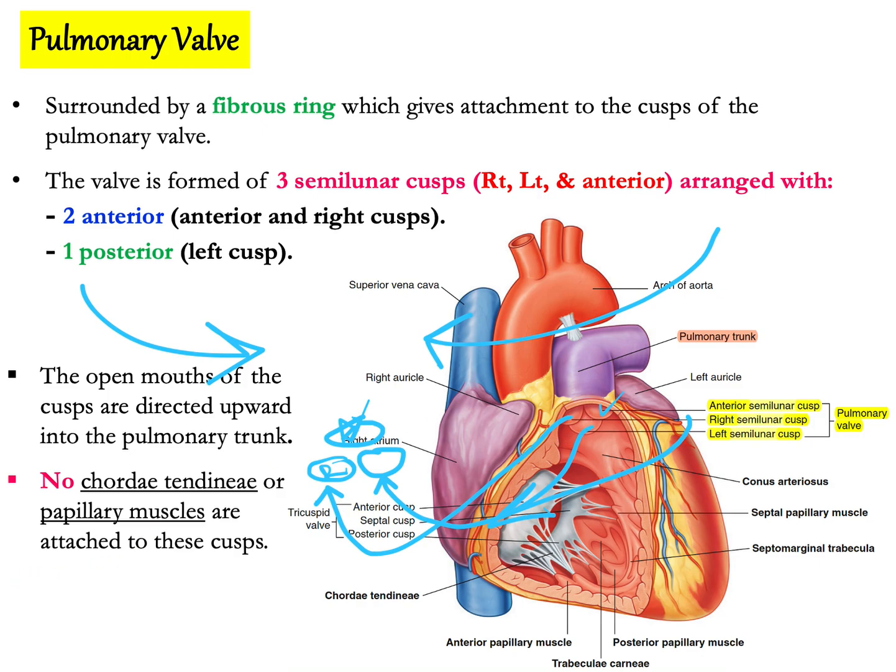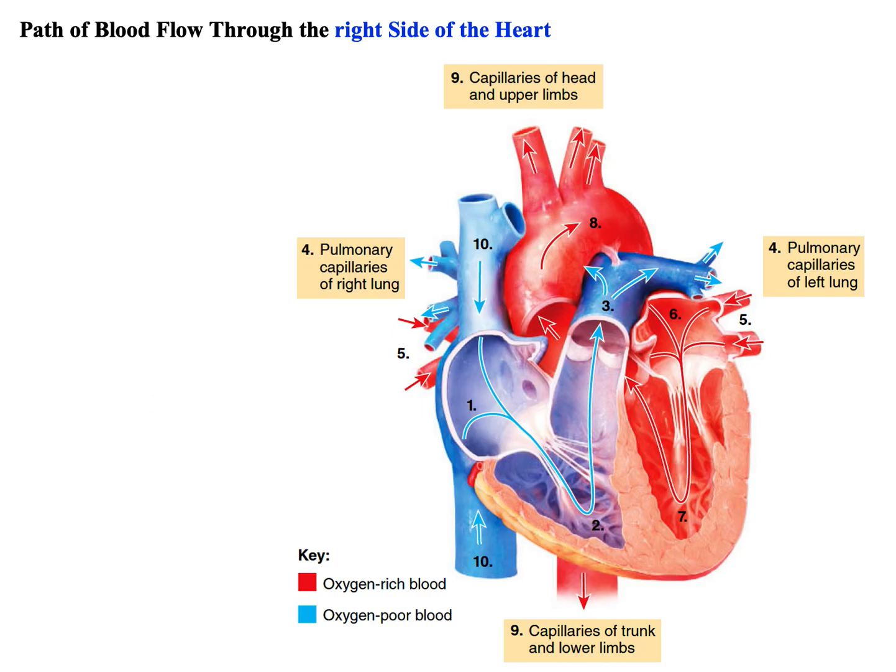So let us now shift in the same manner to the aortic valve. I will show you again. Here, just to remind you of the movement of the blood through the right side of the heart. The deoxygenated blood comes from the upper part of your body through the superior vena cava, and from the inferior part of your body through the inferior vena cava.